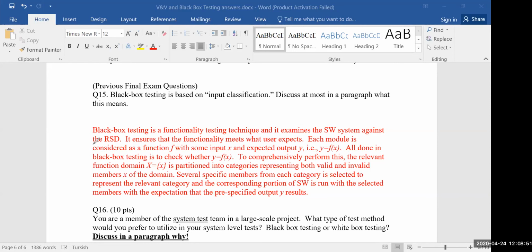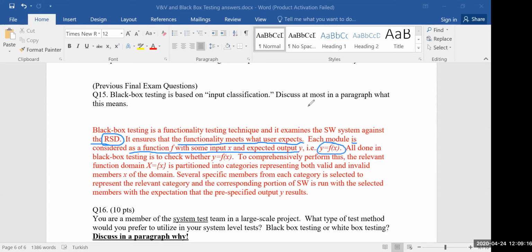Remember, you prepared your requirements for your term projects. Black box testing ensures that the functionality meets what the user expects. Each module is considered as a function f with some input x and expected specific outputs.